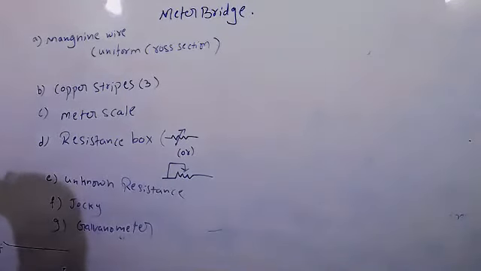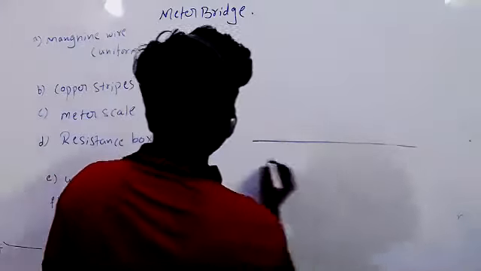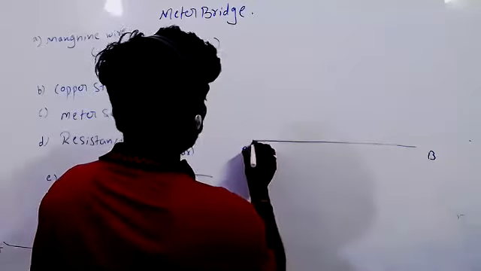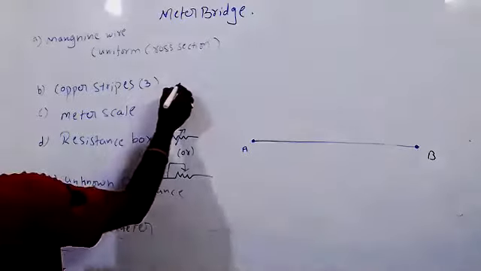Okay, let's see the arrangement, the circuit diagram. AB is one meter wire. We will take it as 100 centimeters. 1 meter equals 100 centimeters, right?